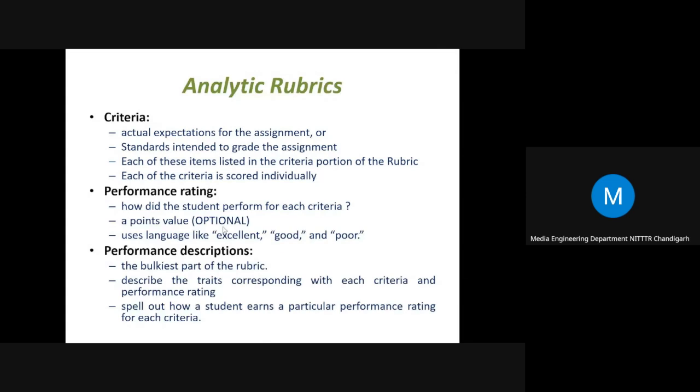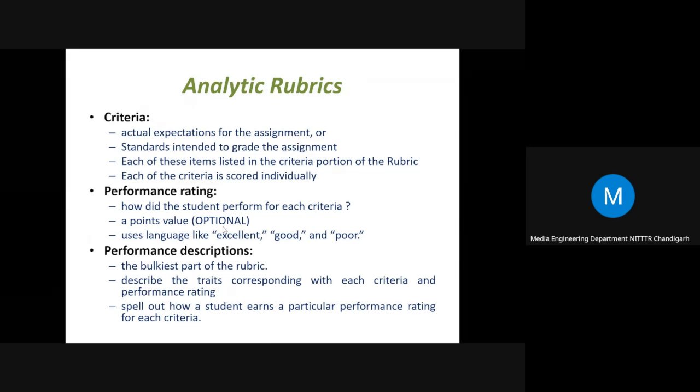Each of the criteria will be scored individually in the case of an analytic rubric. Performance ratings are there to indicate how the students are performing with respect to each criterion. It can be language like excellent, good, poor, or it can be point based or grades.